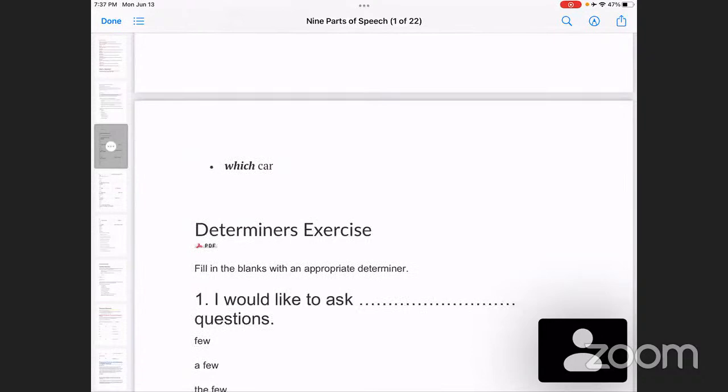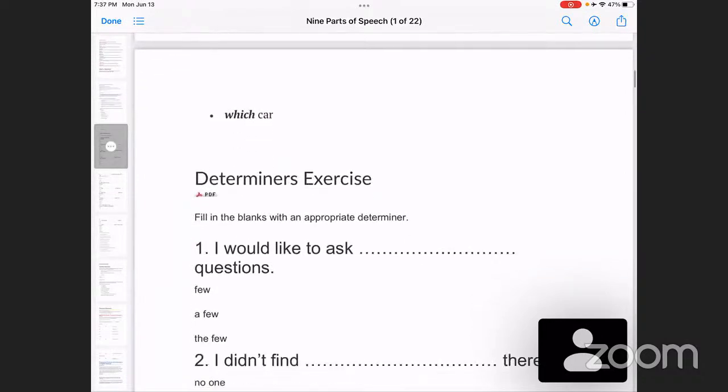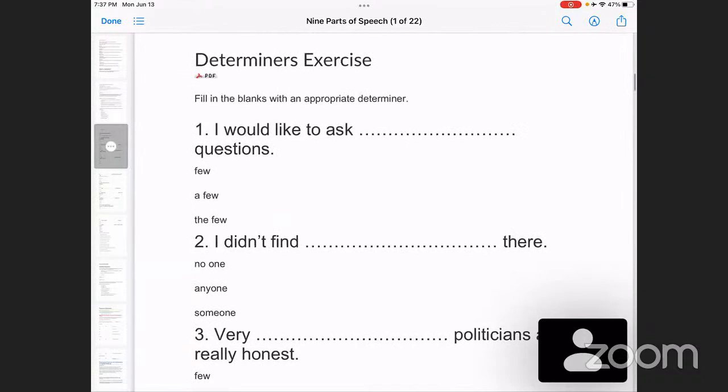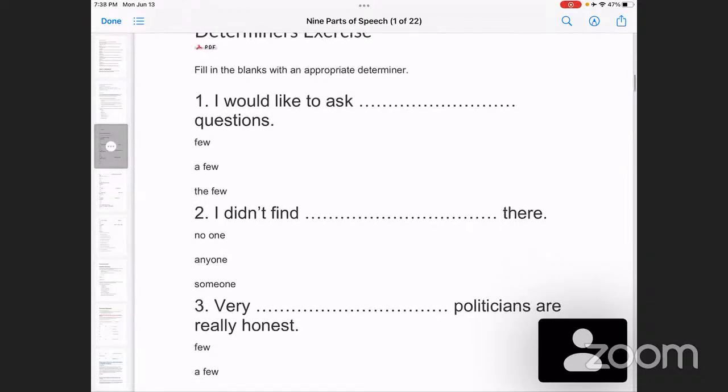So let's look at this. Fill in the blanks with an appropriate determiner. So the first one is, I would like to ask dash questions: few questions, a few questions, the few. Anybody here who can answer this? So the answer would be, I would like to ask a few questions.